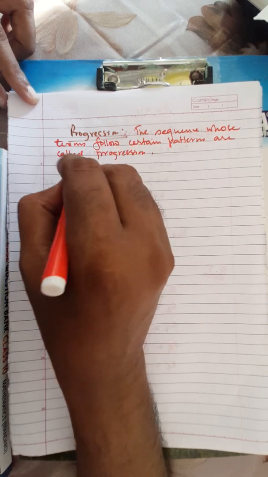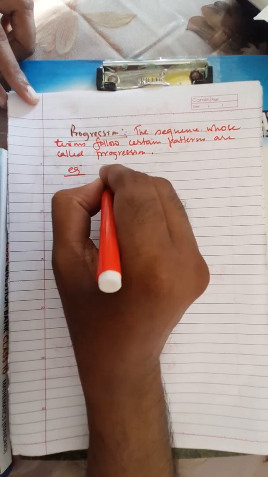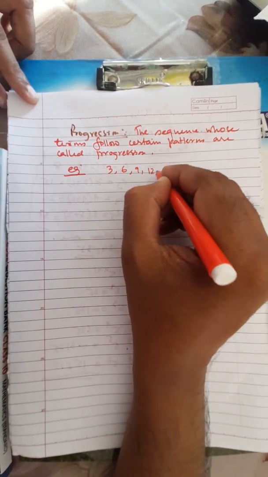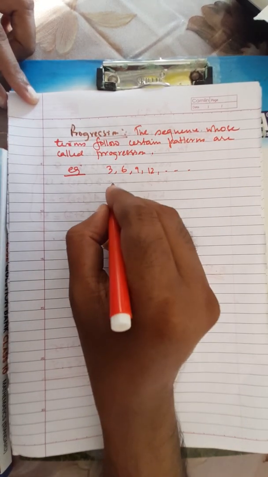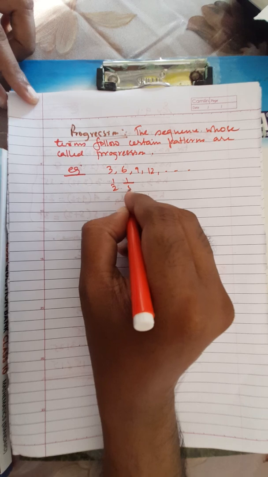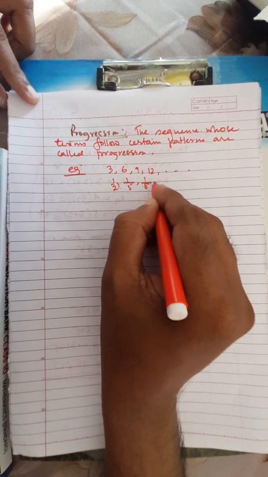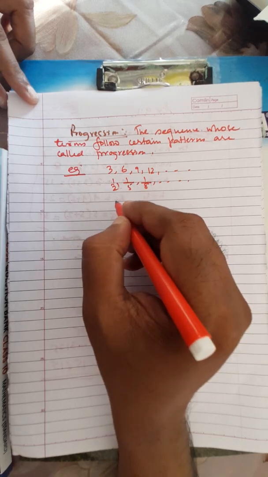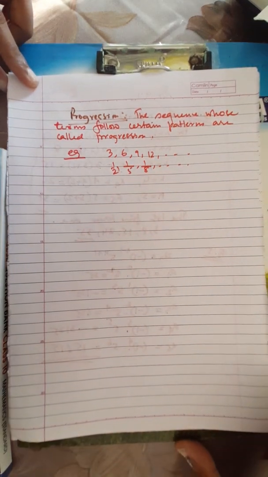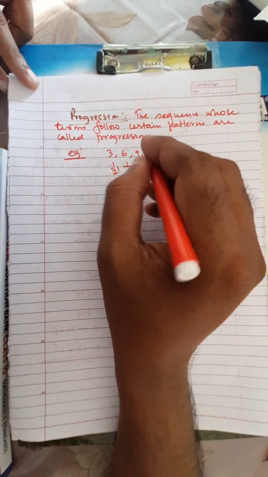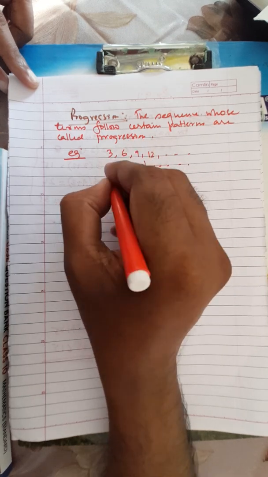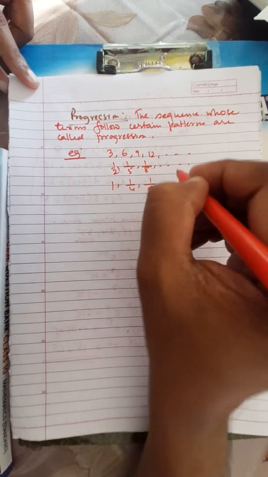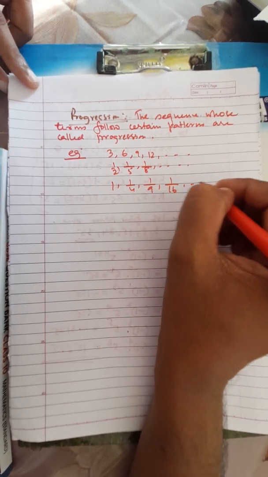As for example, 3, 6, 9, 12, ... and 1/2, 1/5, 1/8, ... Then we can say, 1, 1/4, 1/9, 1/16.